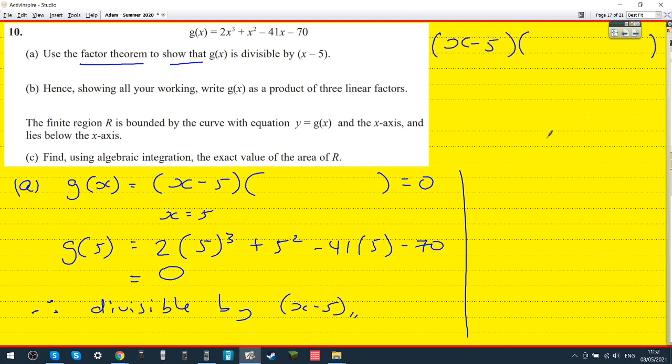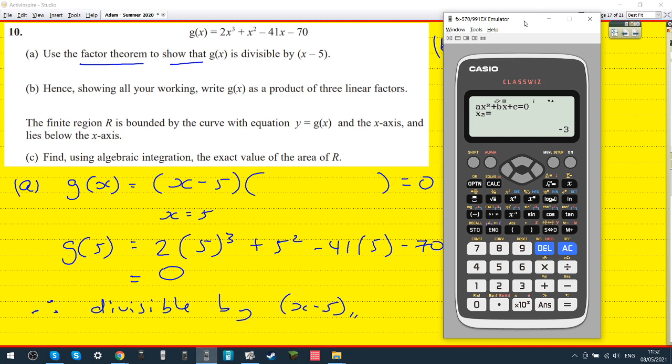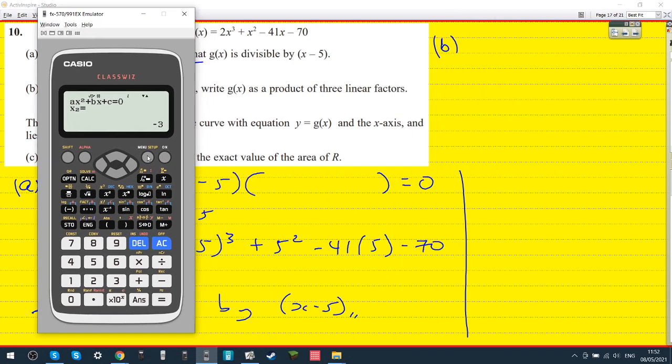You have to figure out the other bracket. I'll show you how to cheat. Calculator. Solve it. Do you want me to make it 2x cubed plus x squared minus 41x minus 70? Solve it. Calculator.